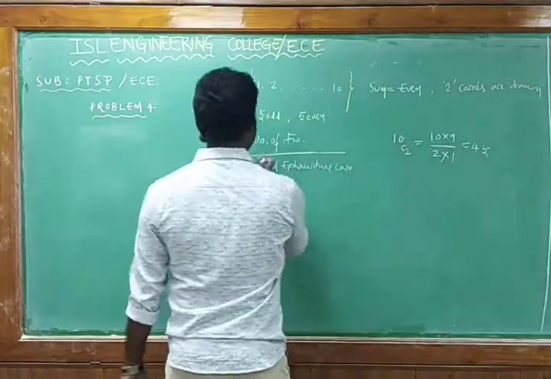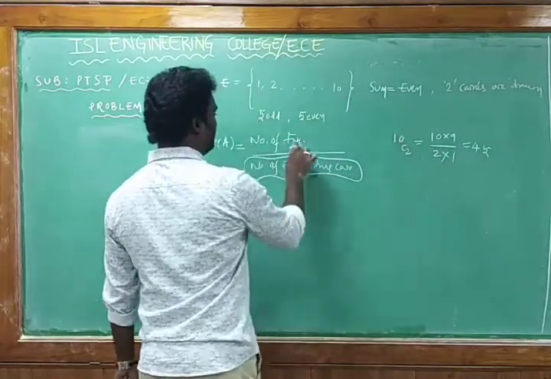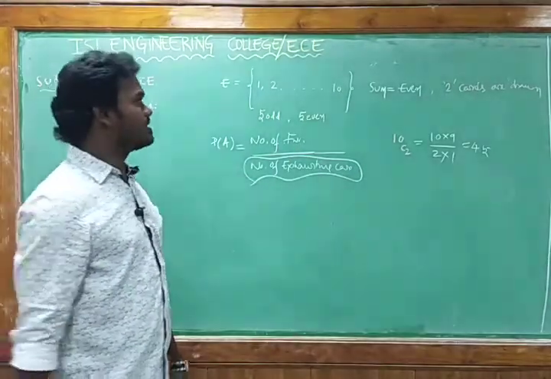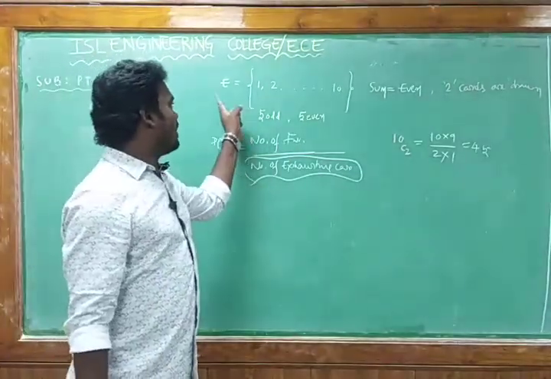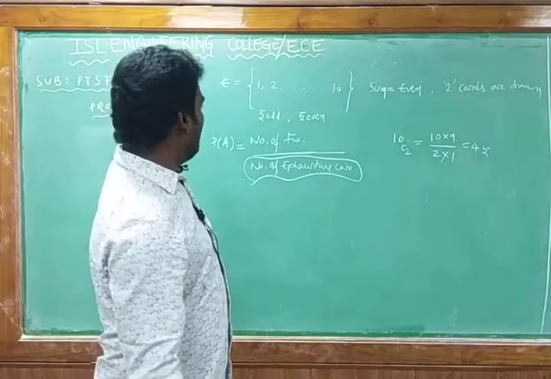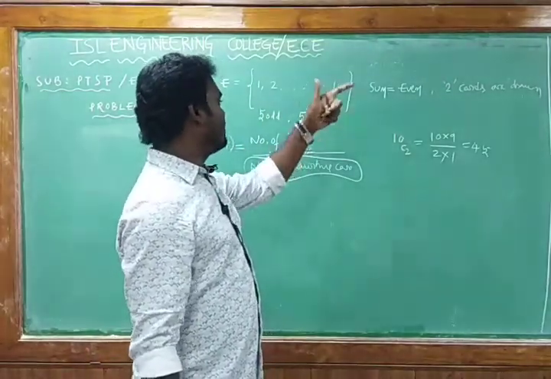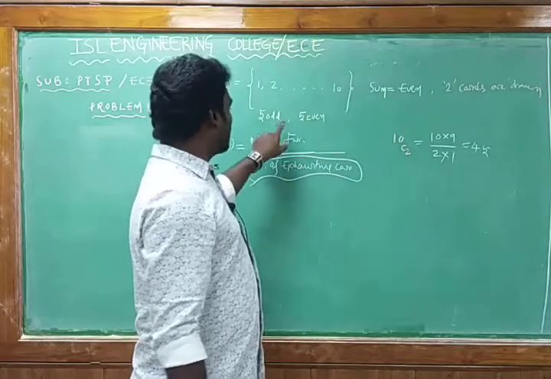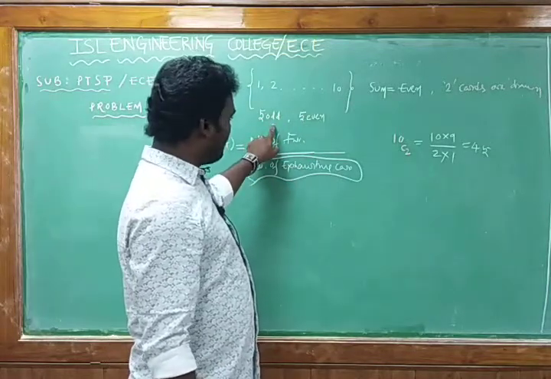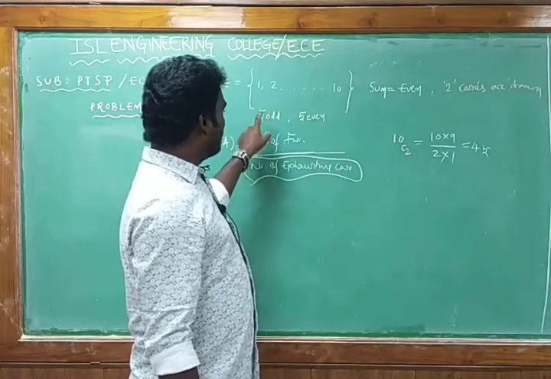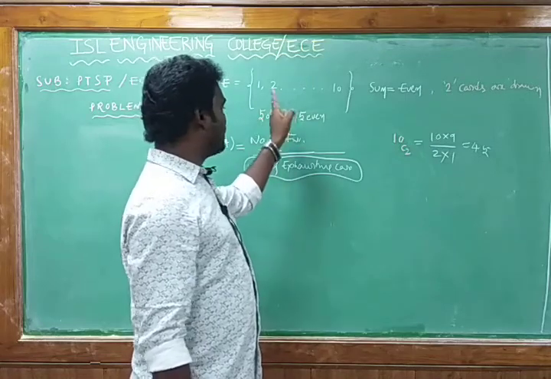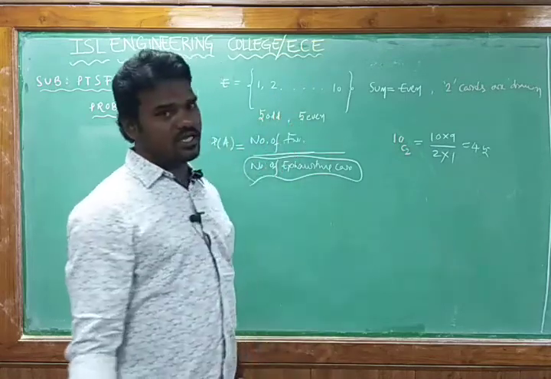Now the numerator, that is the number of favorable cases. From the numbers 1 to 10, we require the probability of getting the sum even. Either the sum of 2 odd numbers is even, or the sum of 2 even numbers is also even.